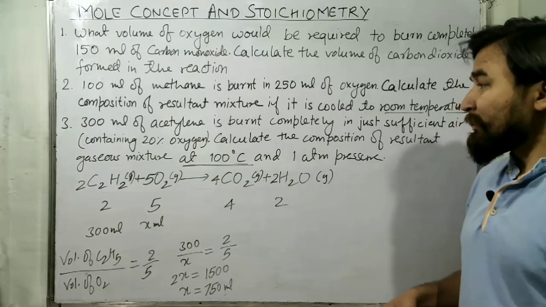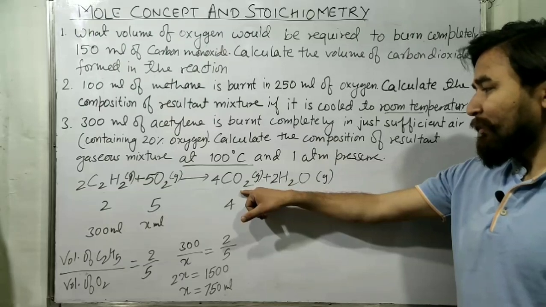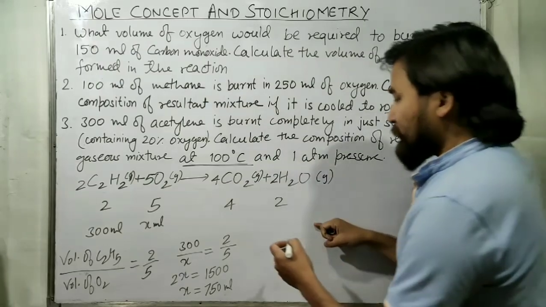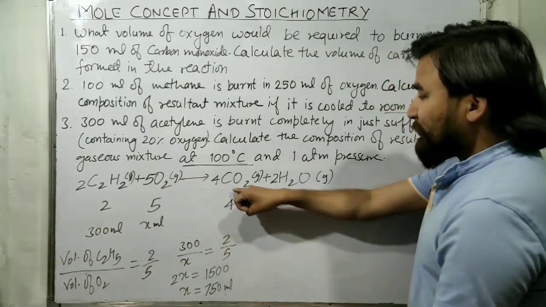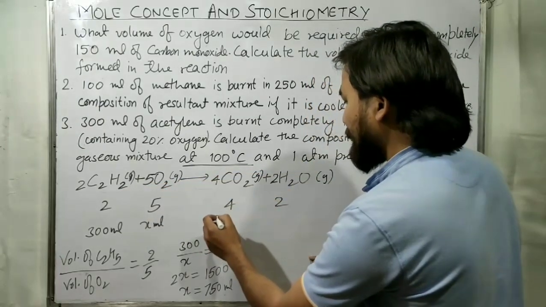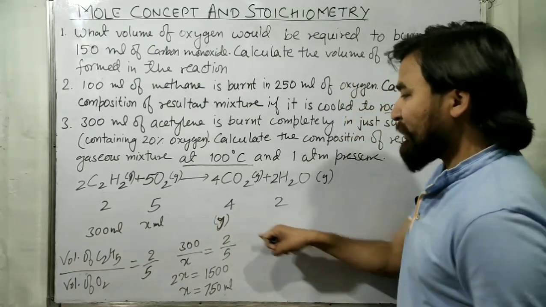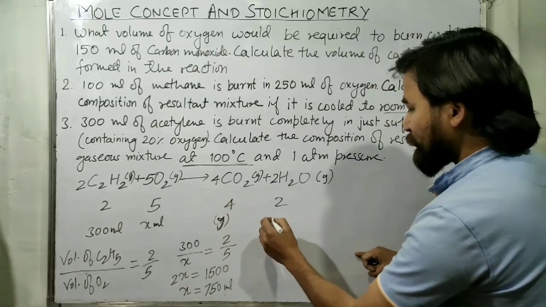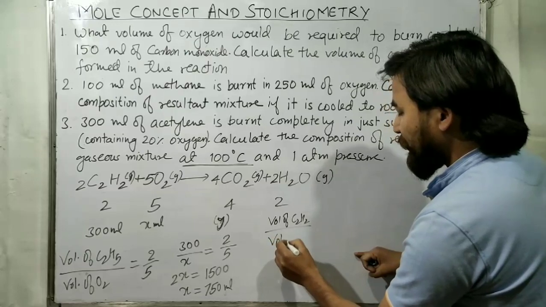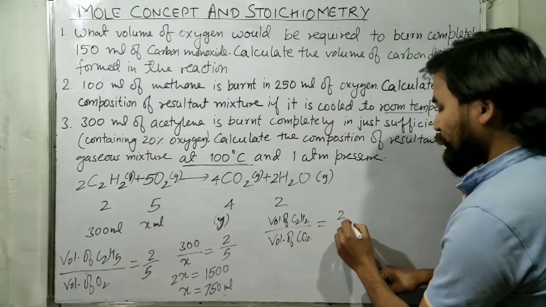But we have to calculate the composition of resultant mixture. So first of all we have to calculate the volume of carbon dioxide, then volume of water. To calculate the volume of carbon dioxide, we will take the volume of C2H2. Let us say the volume of carbon dioxide is Y. Volume of C2H2 by volume of CO2 is equal to 2:4.